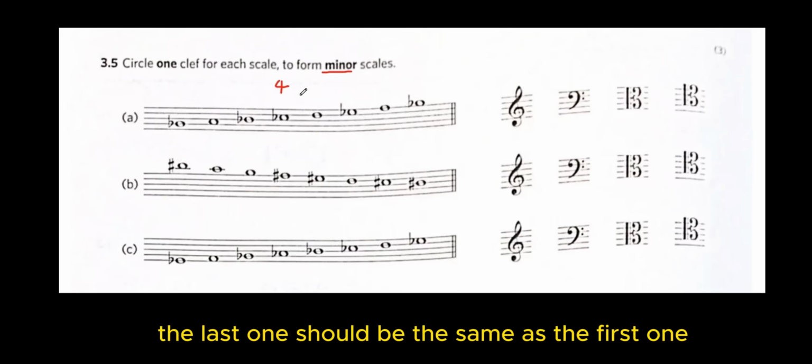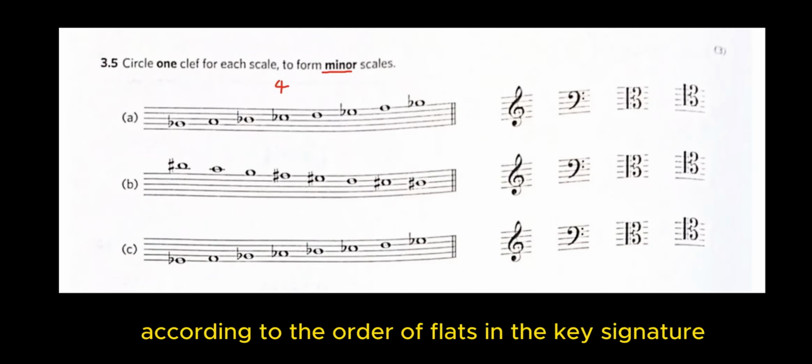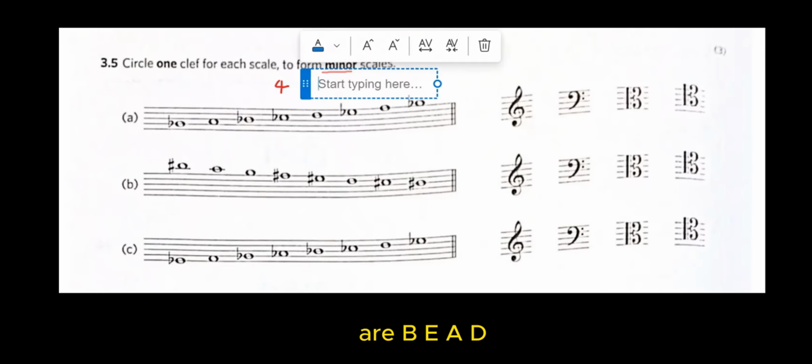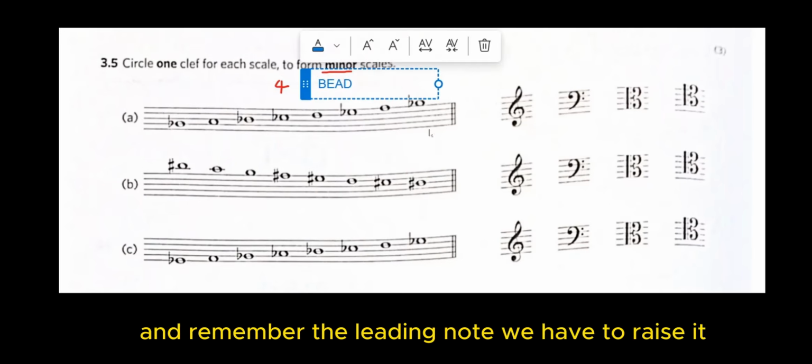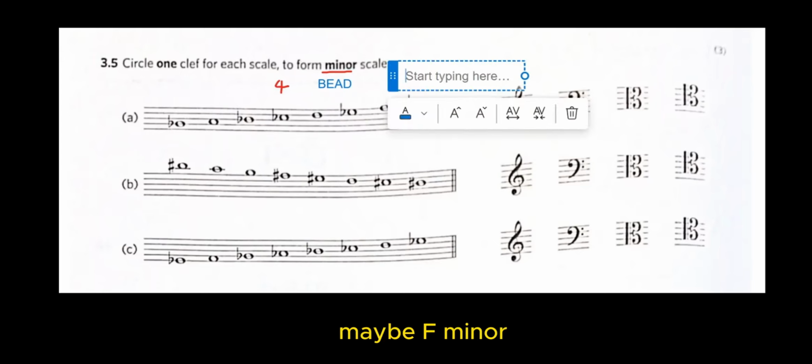The last one is the same as the first one, so it doesn't count. 4 flats, according to the order of flats in the key signature, are B, E, A, D. And remember, the leading note, we have to raise it. 4 flats may be F minor with the E natural as the leading note.